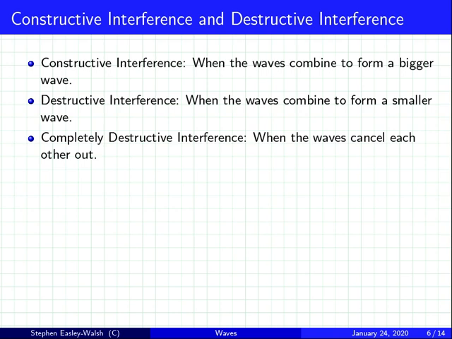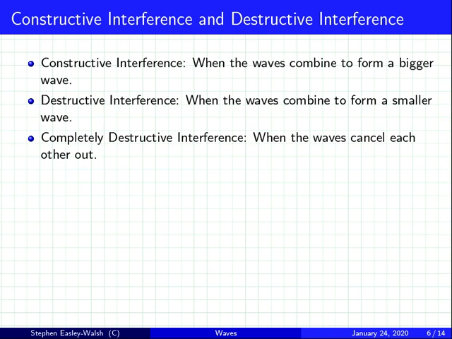We were talking about examples of each of these. For constructive interference, a good example is when two ocean waves come together to form a bigger wave. Destructive interference, we talked about last time.